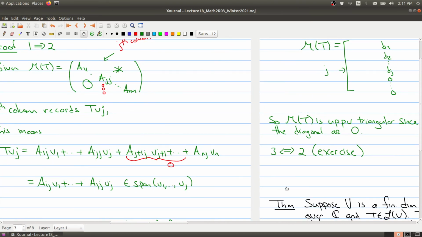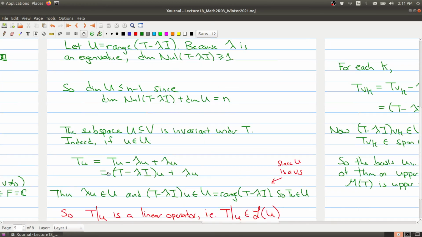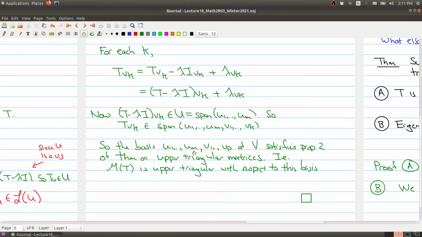So in our case, we're looking at the basis u1 through um, v1 through vp, and u1 is in the span of u1. u2 is in the span of u1, u2, right? That's part of the induction. So the induction tells me that all the ui are in the right thing. And then above, we're showing that as we add the v's, we continue to have that property. So that finishes the proof.